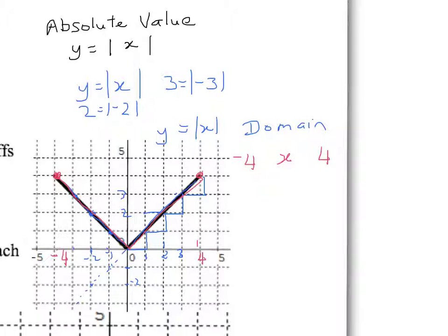So the domain is x greater than or equal to -4, and x less than or equal to 4. That's my domain.